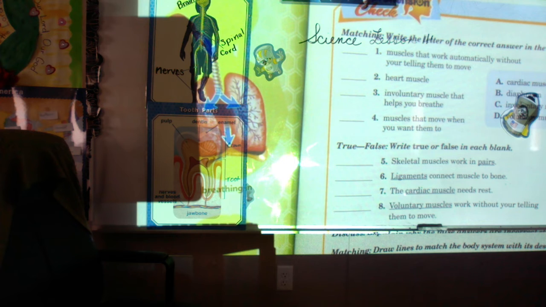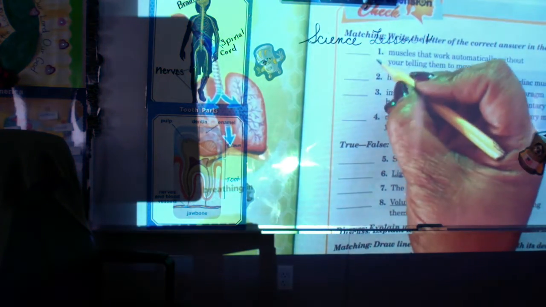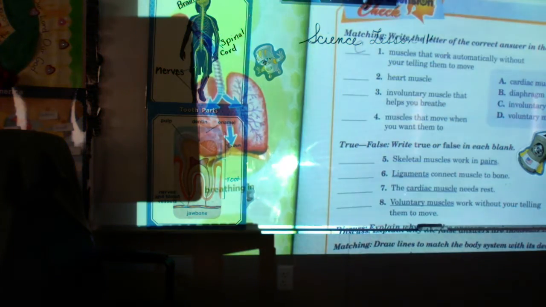The first one, muscles that work automatically without you telling them to move. That will be C, involuntary muscles. The next one, heart muscle.